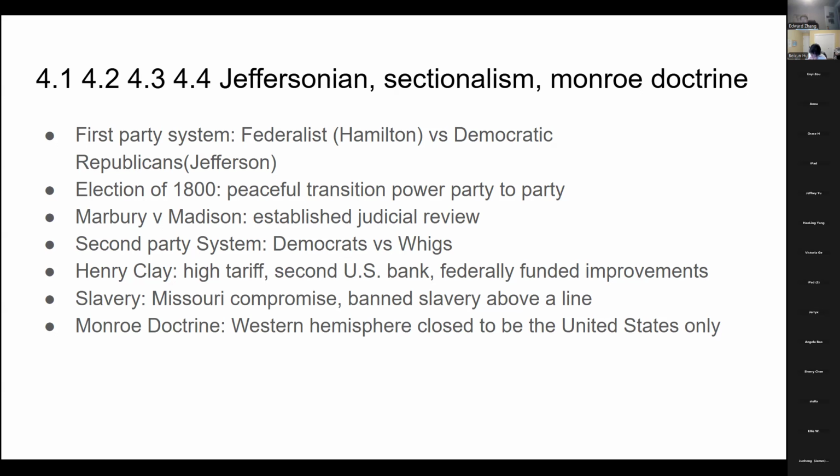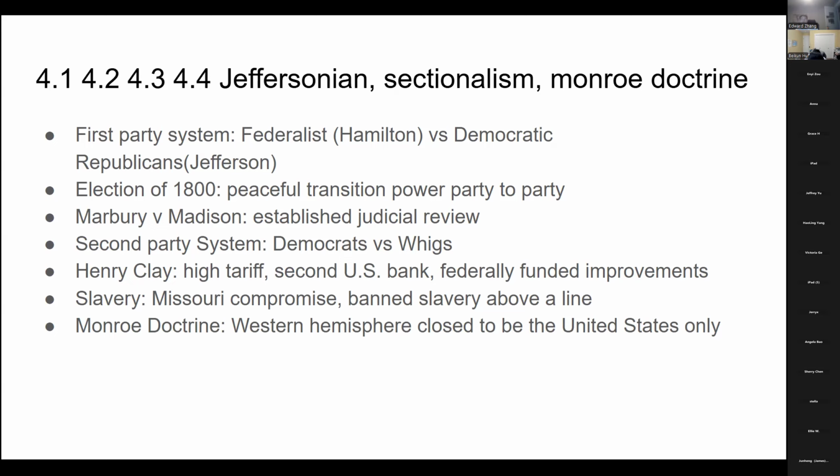Because the balance of power was that there were an equal amount of slave states and non-slave states. And then with the admission of Missouri, right, they wanted to determine whether Missouri should be a slave state. So Missouri ultimately was admitted as a slave state, and it banned slavery above a certain line. And for the admission of a slave state, they had to admit a non-slave state as well, right?